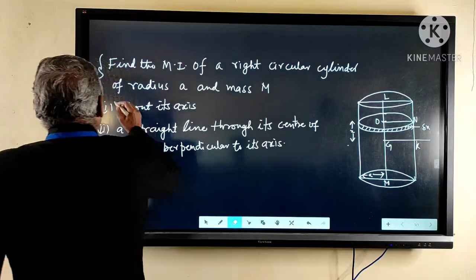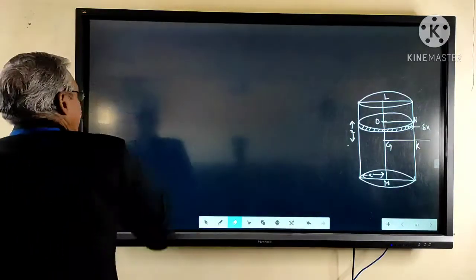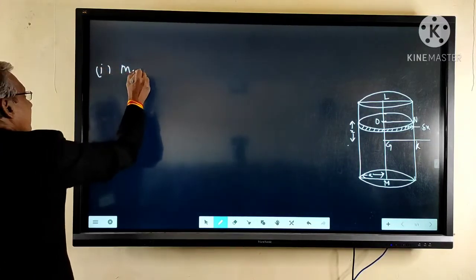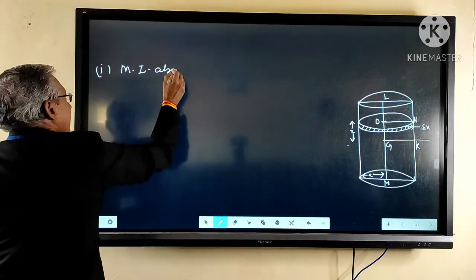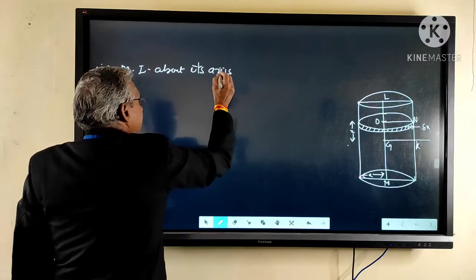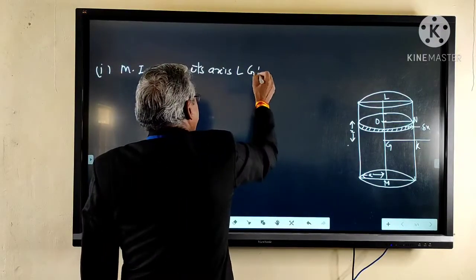Now first of all we find the moment of inertia about its axis LGM.